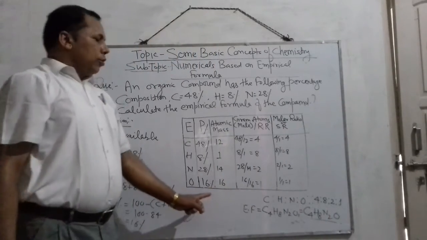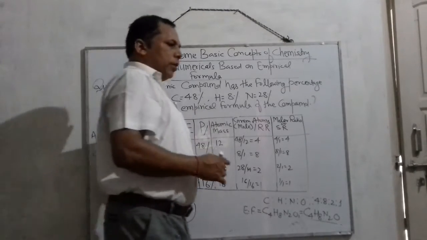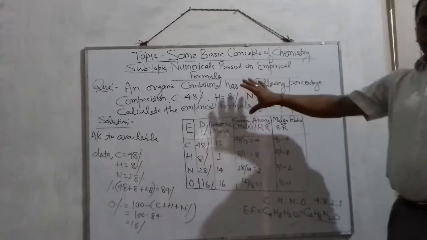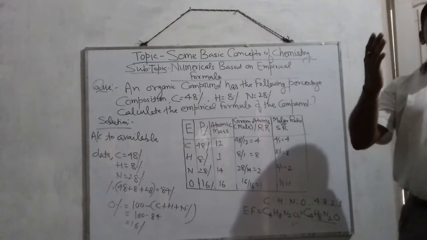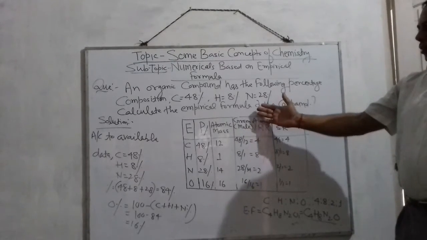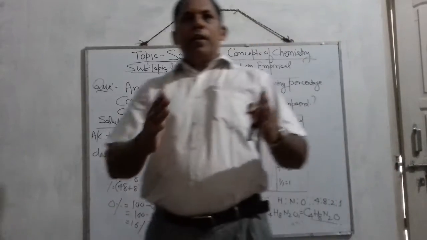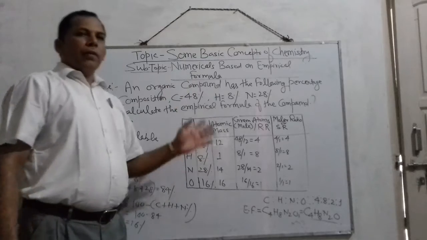Okay, children? So this is the easier method by which you can determine the empirical formula of a given compound. How simple is that? It is very simple if you understand the facts of empirical formula.